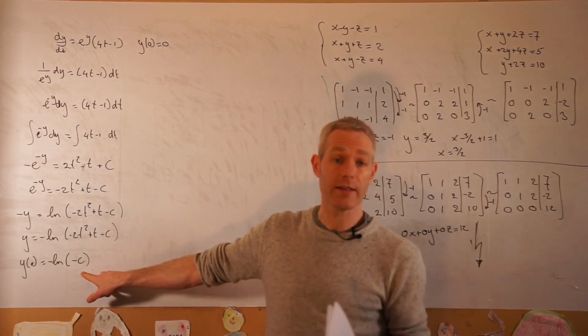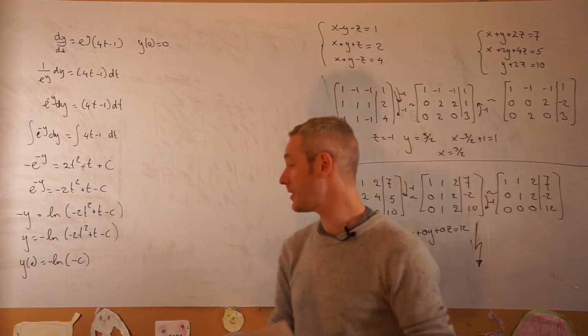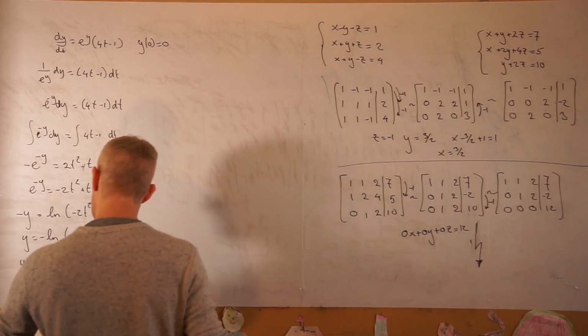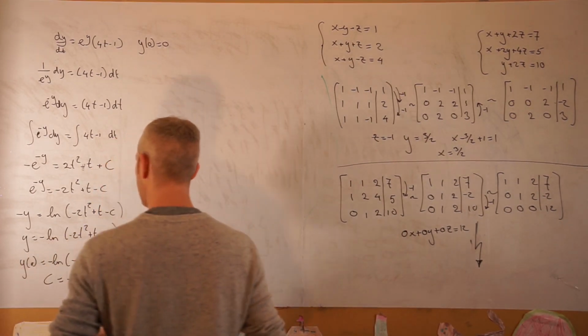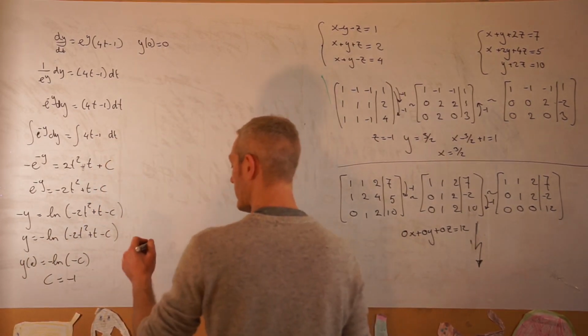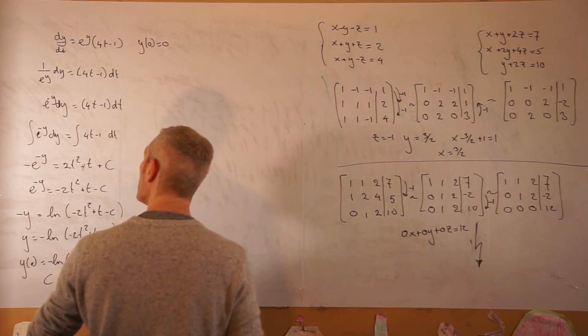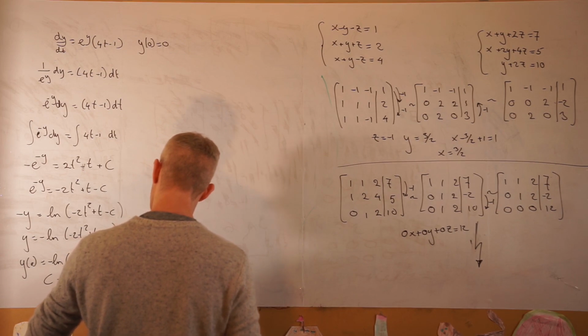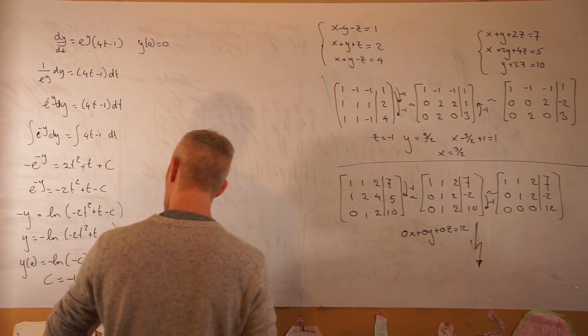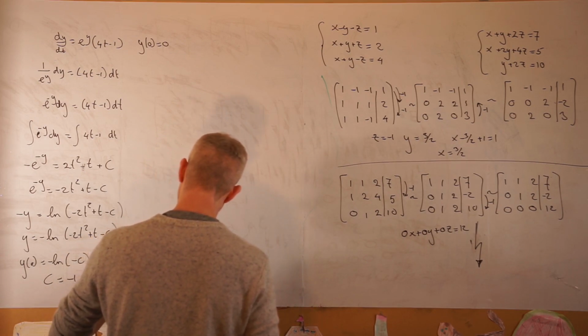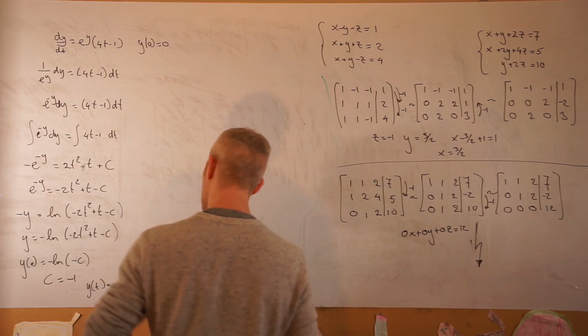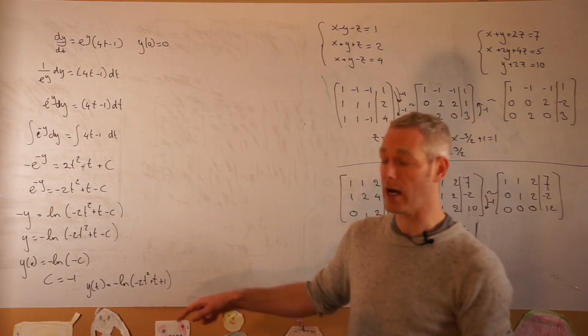And we know that the natural logarithm of 1 is equal to 0, which means that c is equal to minus 1, and that the solution here is y of t is equal to minus the natural logarithm of minus 2t squared plus t plus 1. And this is our final answer.